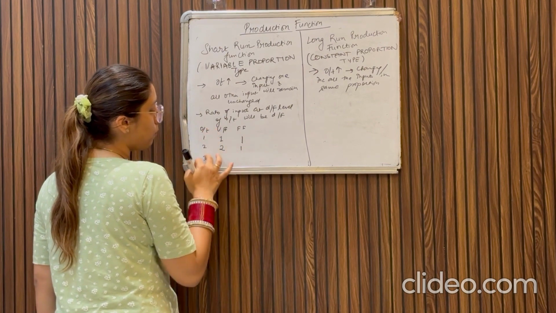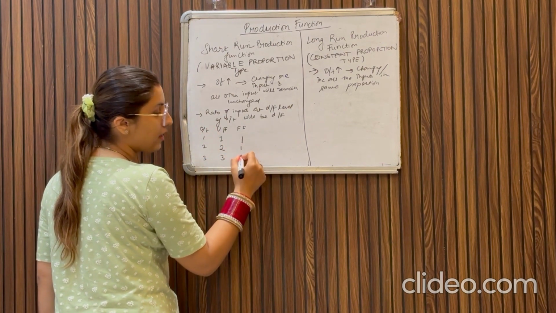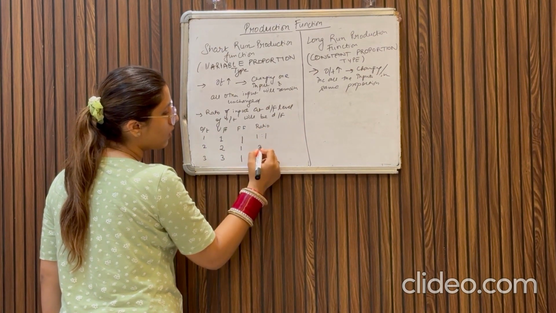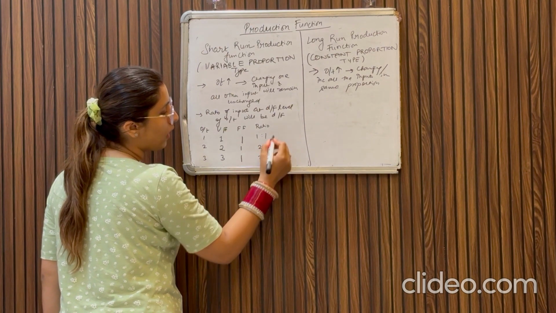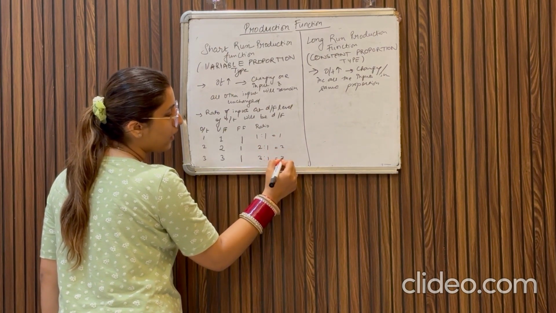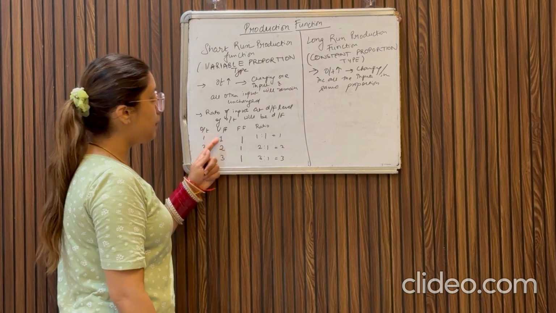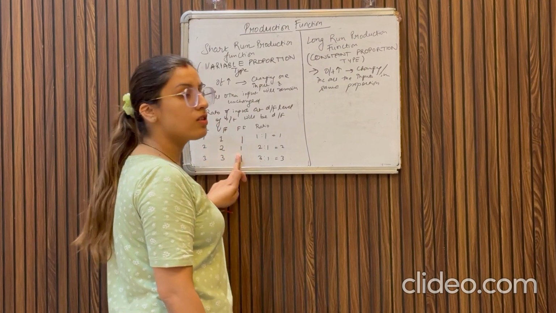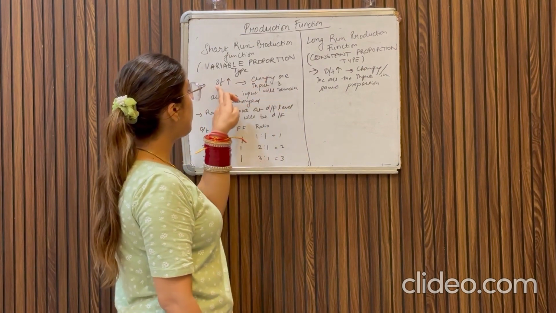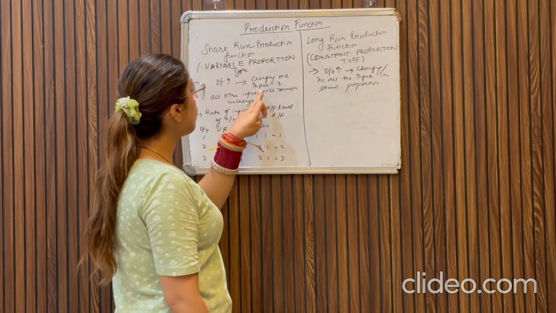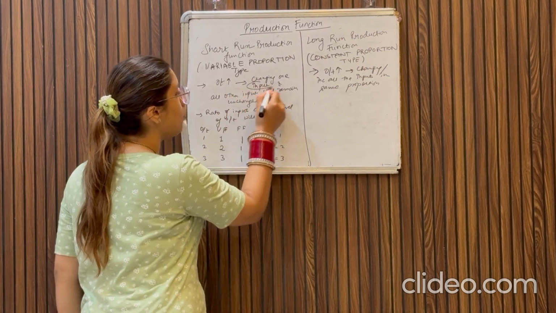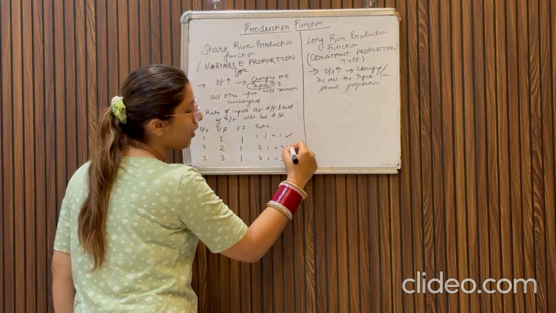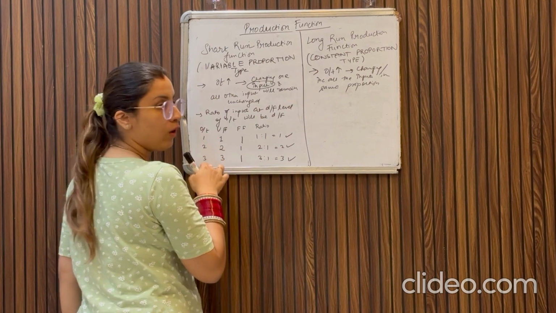At level of output 3, variable factor is 3 and fixed factor is again 1. So the ratio will become 1:1, 2:1, 3:1, which is 1, 2 and 3. So as the variable factor is increasing, our output is also increasing, and the fixed factors remain constant. So when we have to increase the output, we have to increase only one input, and all other inputs will remain unchanged. So we have different ratios at different levels of output.